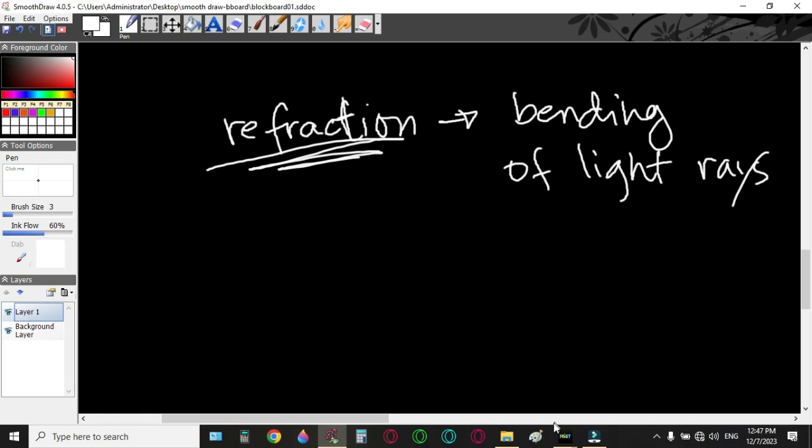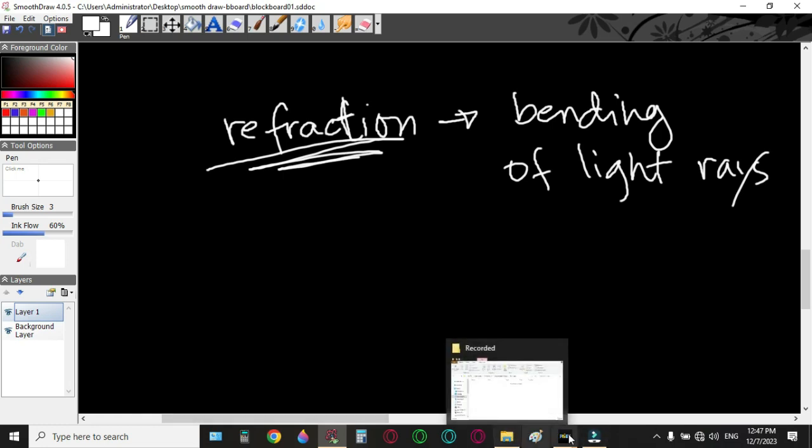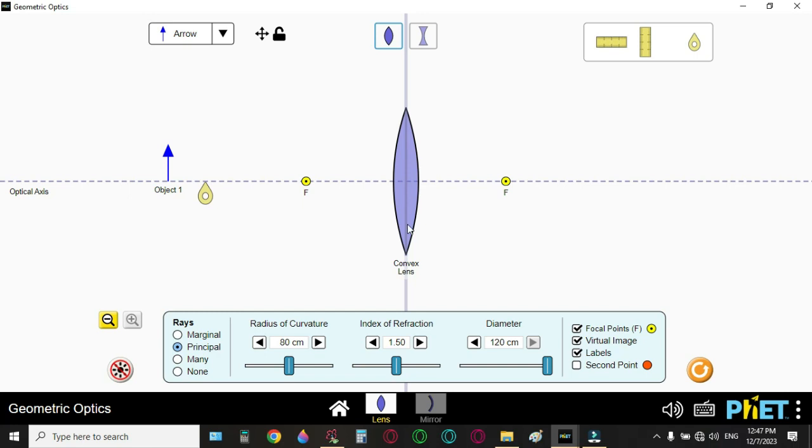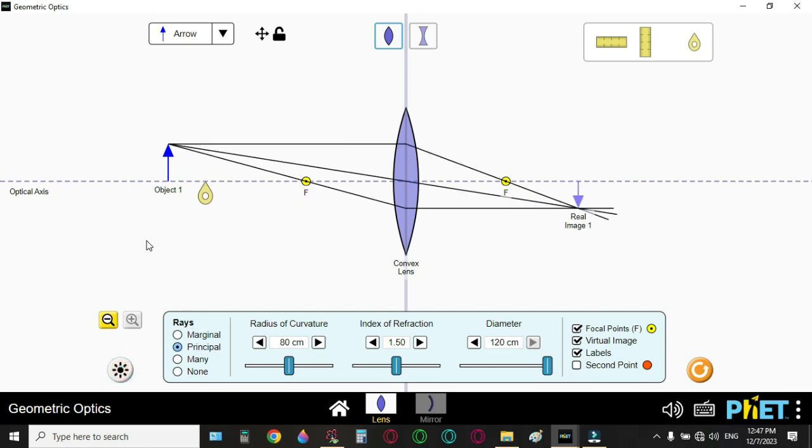Okay, like for example, in this illustration here, they bend and they intersect at a point. Okay, so where the intersection happens, or where the light rays intersect, that is the point where the image is formed.